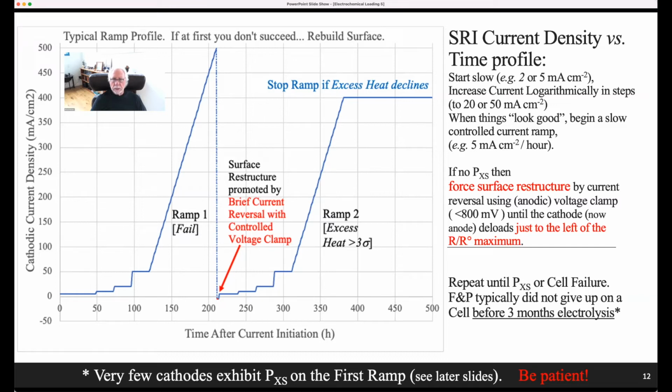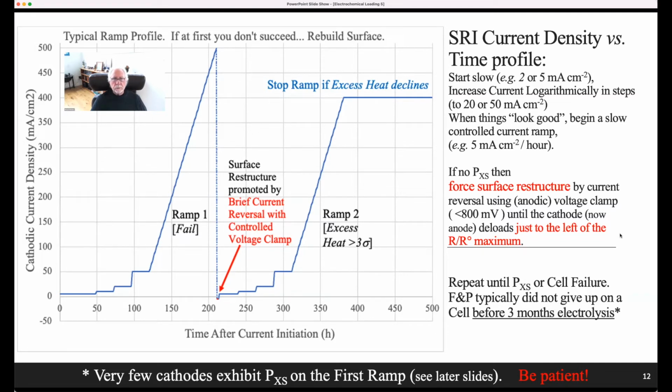And we calculate the current time as the charge needed to deload the cathode just to the left of the resistance maximum, to a loading value of about 0.75.